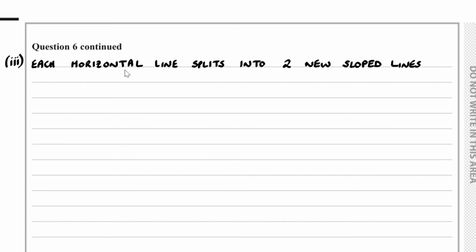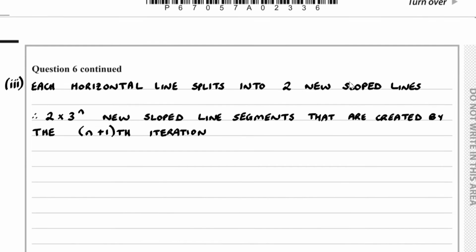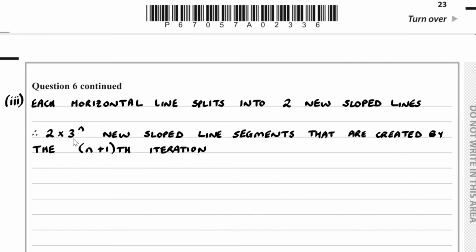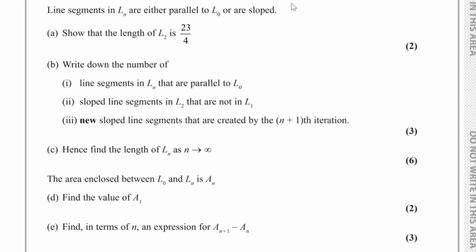Well, each horizontal line splits into 2 new sloped lines, and therefore we have 2 times 3 to the n new slope line segments that are created by the n+1th iteration. And where this 3 to the n comes from is what we worked out here in part BI.